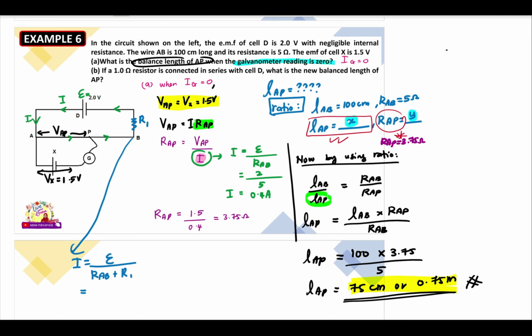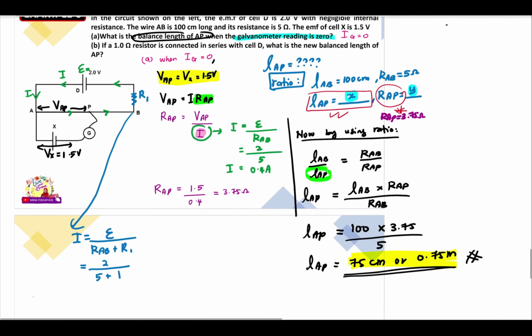Okay, so EMF 2 over, so RAB kita adalah 5. So R1 kita tadi dia bagi 1. Kan? So kita kira lah. So nanti current kita yang baru kita akan dapat nilai dia adalah berapa tu? 0.333 ampere. Okay. Ini untuk kita jawab soalan B. Current dia je berbeza. Okay. Konsep dia masih sama lah.